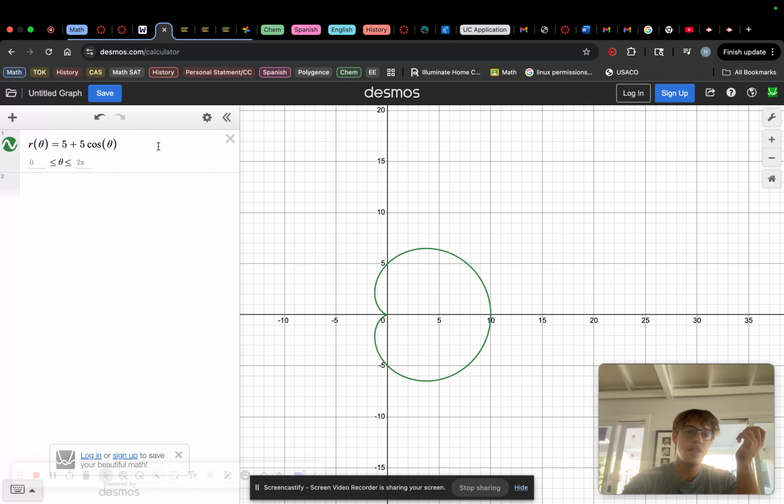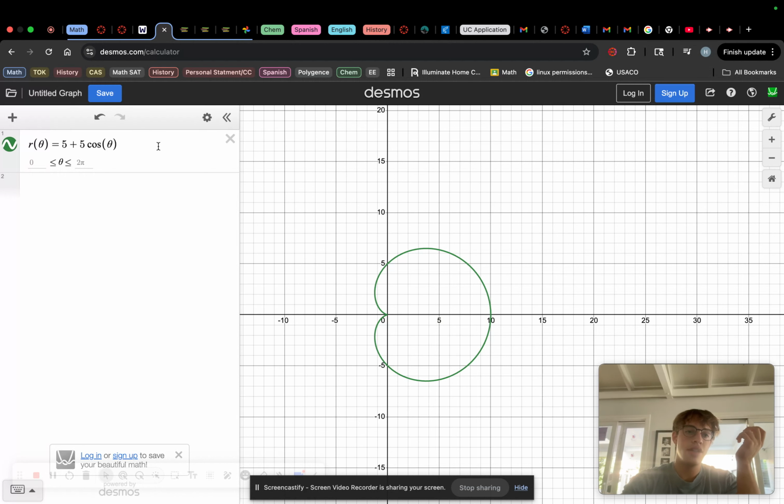So we do the square root of dr d theta quantity squared plus r squared d theta.